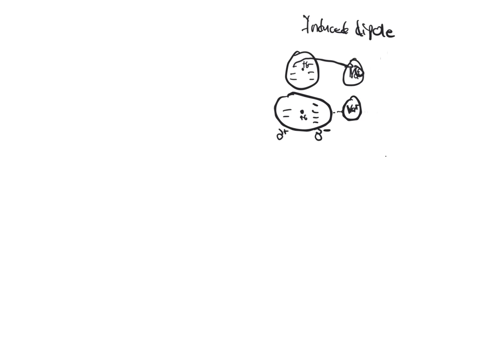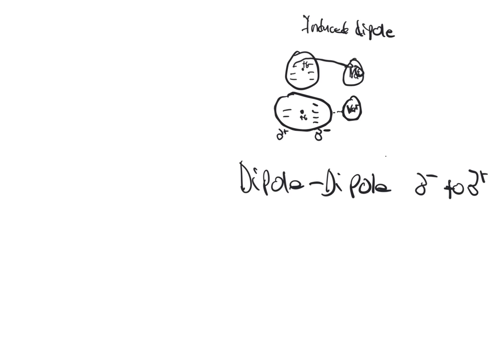So to summarize what we have so far for this part of the unit, we have dipole forces, which are between partial negative to partial positive. We have ion-dipole forces, which are between a dipole and the plus or minus charge of an ion.